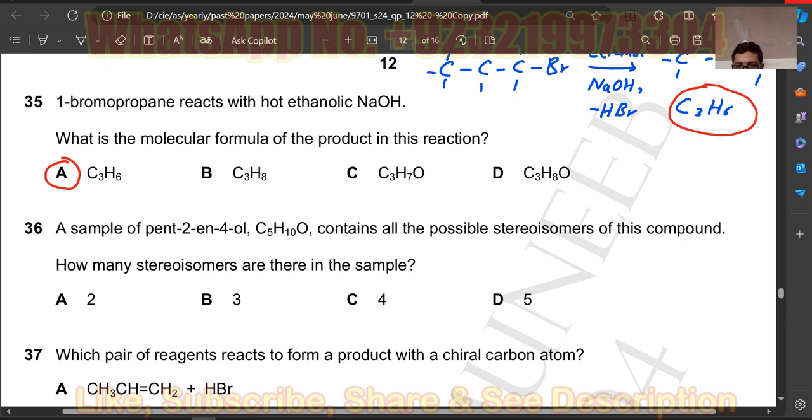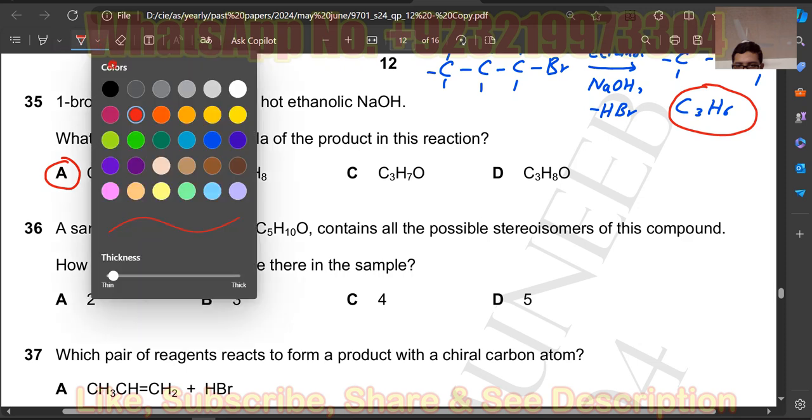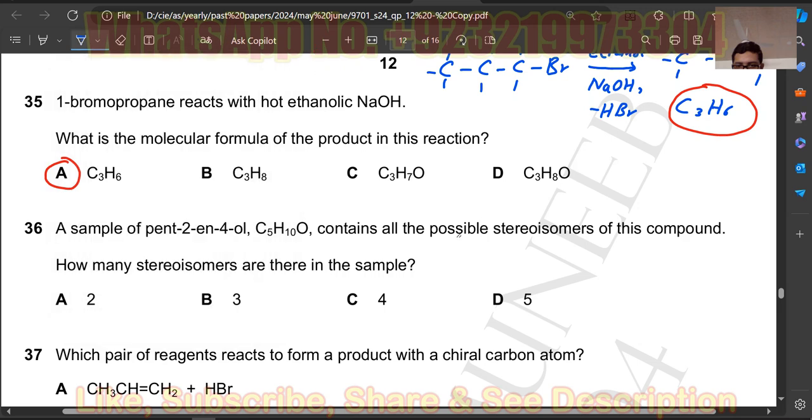Okay, for this question, you first need to draw the structural formula, the displayed formula, of this compound, because only then are you able to look at the whole compound in detail. So I'm going to draw the structure.